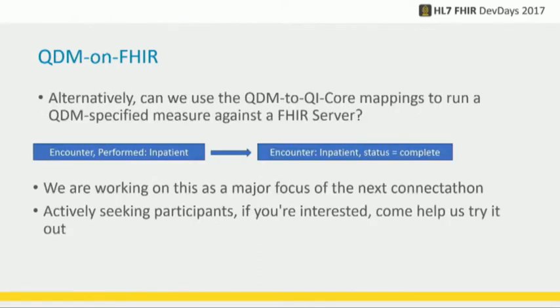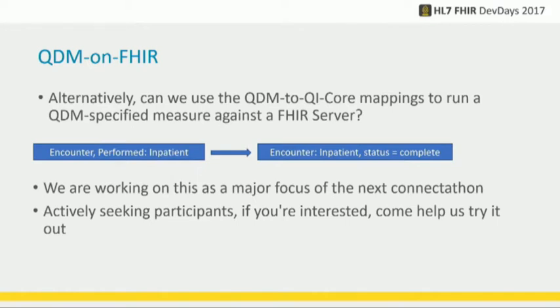And then the other way is the other direction. Alternatively, can we use the QDM to QI-Core mappings to actually run a measure against a FHIR server? So then in the CQL, we would see encounter performed in the inpatient, and what we would do underneath is turn that into a FHIR query to say, give us encounters in the inpatient value set where the status is complete.